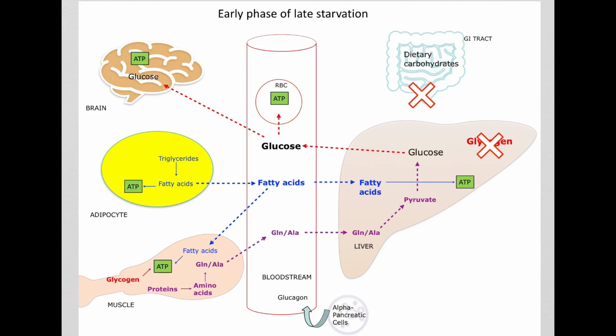So as in early starvation, to make sure that this limited amount of glucose coming from the liver is reserved only for the red blood cells and the brain, the rest of the cells continue using fatty acids. They will get most of their energy now from fatty acids.